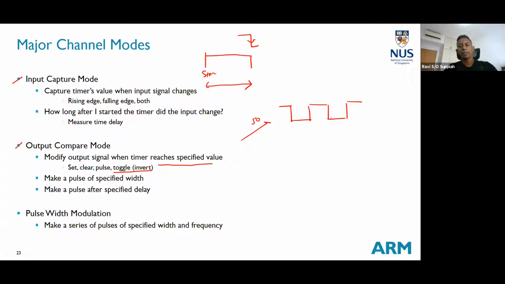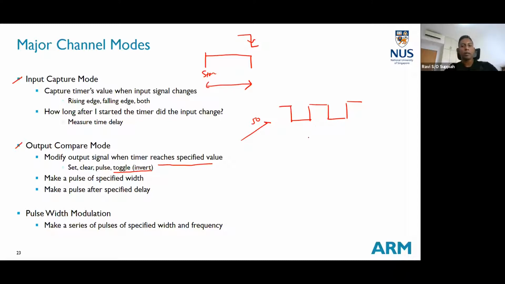Okay, so you can think of output compare mode as also a way in which I can generate, for example, a PWM, but it's a bit more tedious. If it's a 50% PWM, then no problem, correct? Because it's always the same time for high duration and low duration.